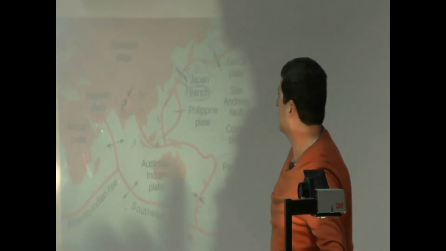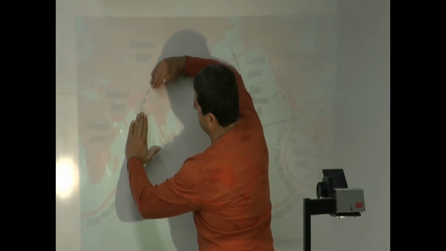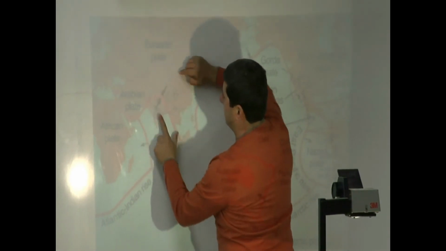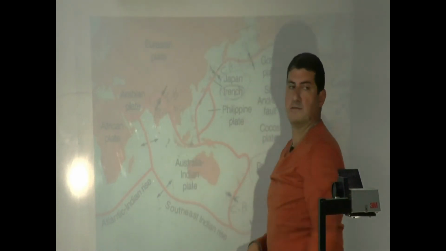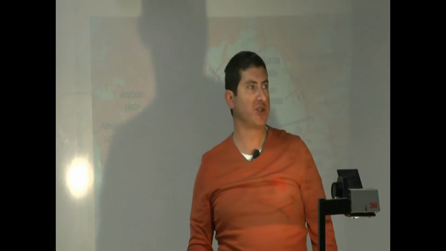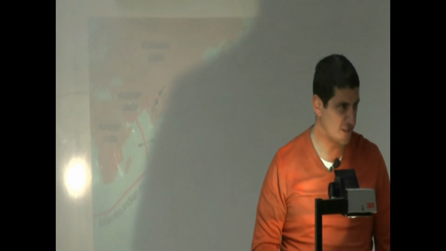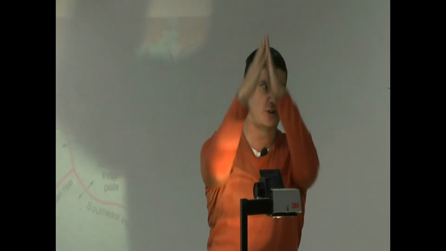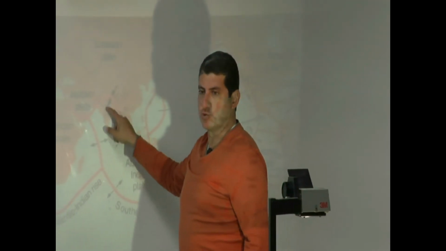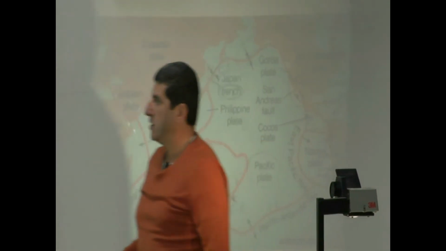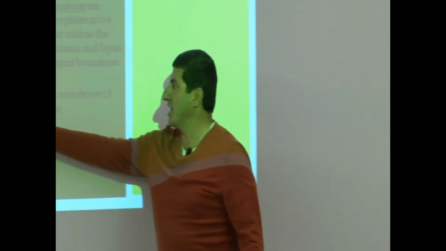What's a good case of building a mountain? Coming together, going up. What mountains are they? Starts with H. Himalayan mountains, right? Northern part of India, China, they push each other up. They form the biggest mountain range in the world, okay? What's another one? Subduction zone.